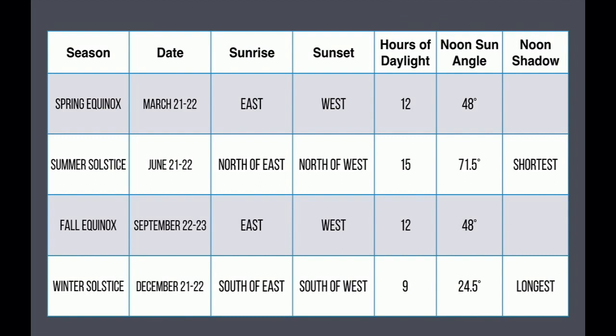The sun rises south of east and it sets south of west. We have 9 hours of light on this day, and our noon sun angle is 24.5 degrees. And the shadow that's produced at noon on December 21st, 22nd is the longest at noon for the entire year.